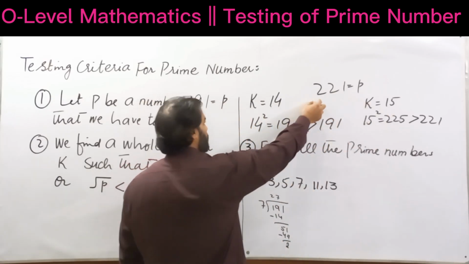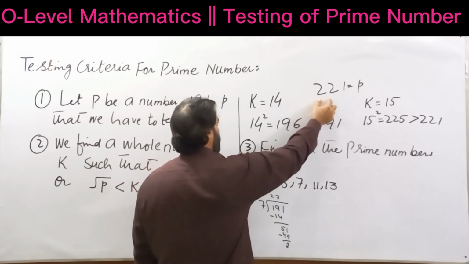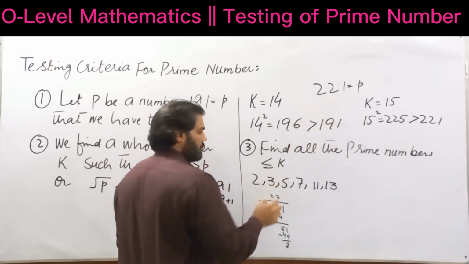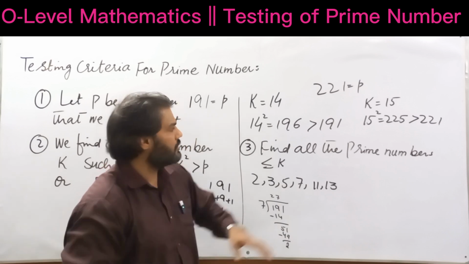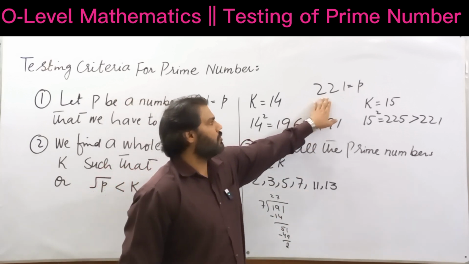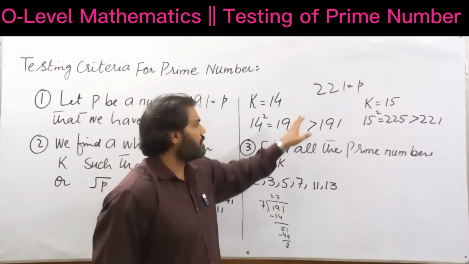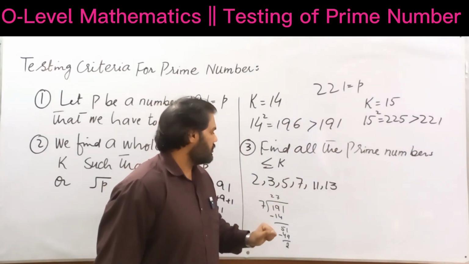221 is not divisible by 2 because this is odd and 2 is even. 221 is not divisible by 3 because if you sum up the digits, this will give 2 plus 2 is 4, plus 1 is 5. 5 is not divisible by 3, hence 221 is not divisible by 3.